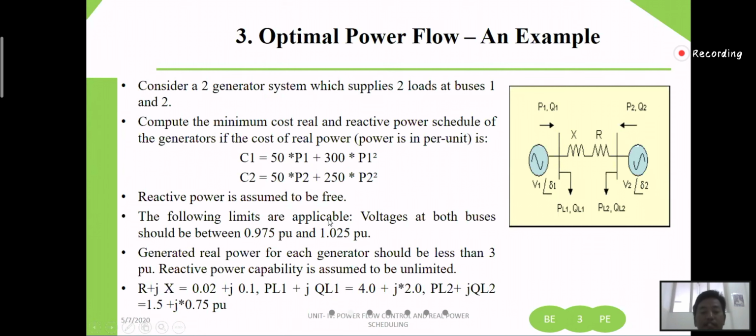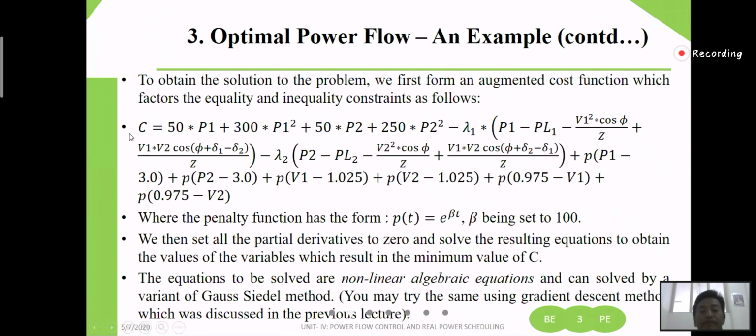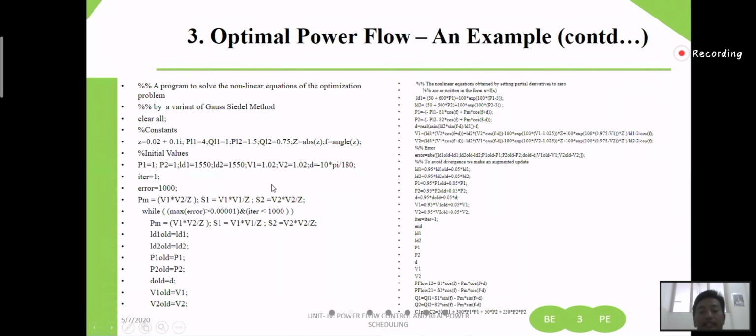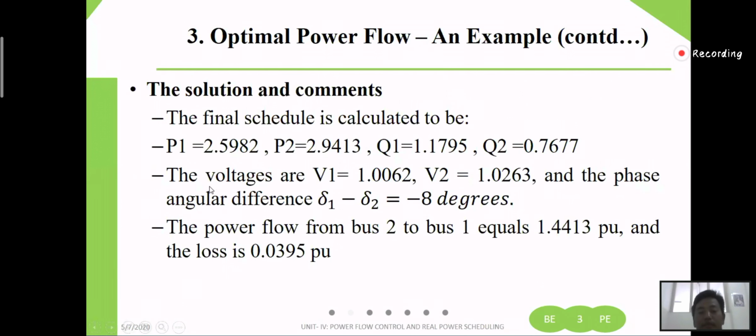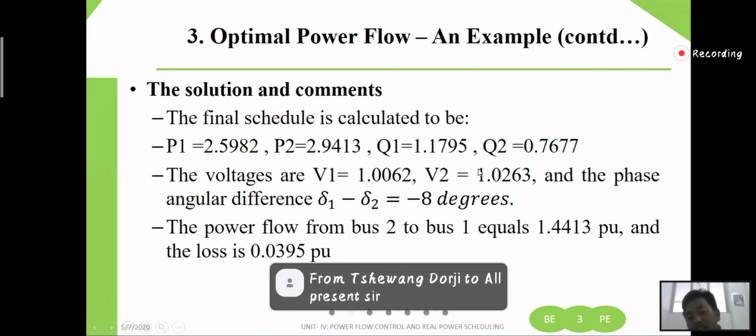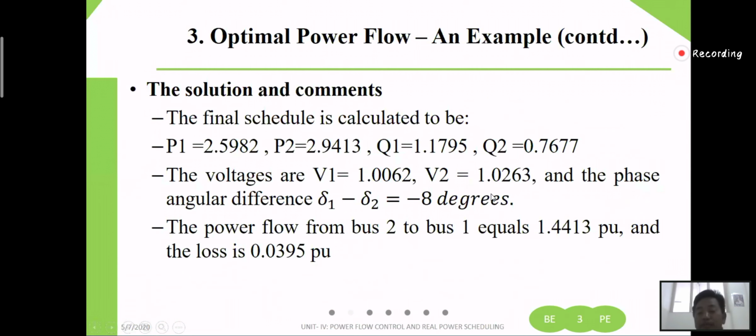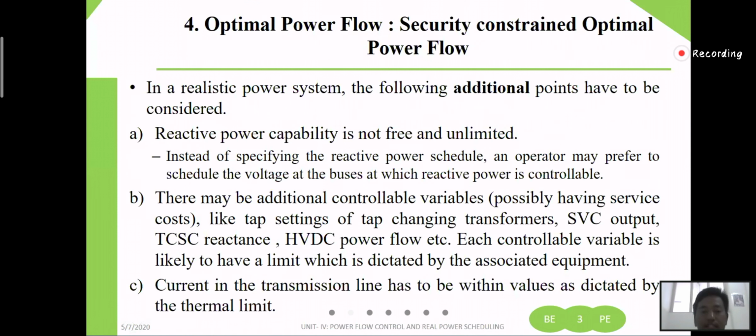Here I have not solved it, just formed the equation and used this MATLAB program to find the solution. Even though there is a little violation in the voltage constraint, it's fine, it is very minimal. You can improve it by changing the penalty function parameter beta. Here I have used only 100.